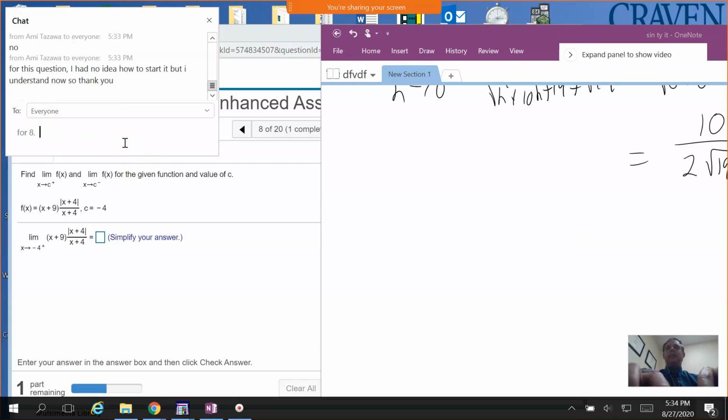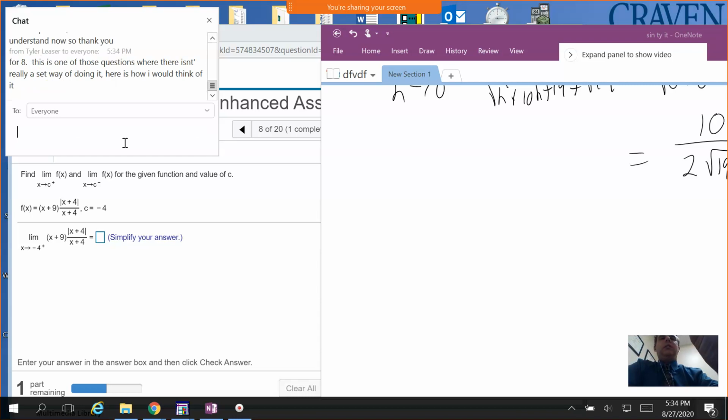For 8, this is one of those questions where there isn't really a set way of doing it. Here is how I would think of it.